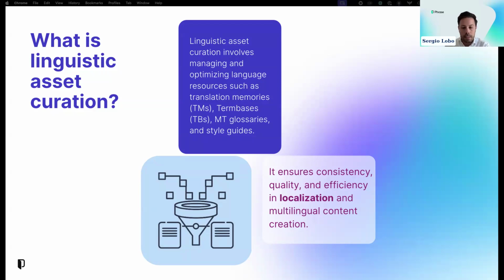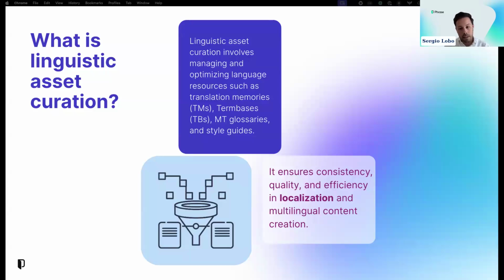So linguistic assets are incredibly valuable resources. They capture our customers' unique style, terminology, and tone of voice, essential elements for effective localization. Translation memories store translated content in segments, allowing for the reuse of previous translation. This reuse makes the localization process more efficient, consistent, and cost-effective.